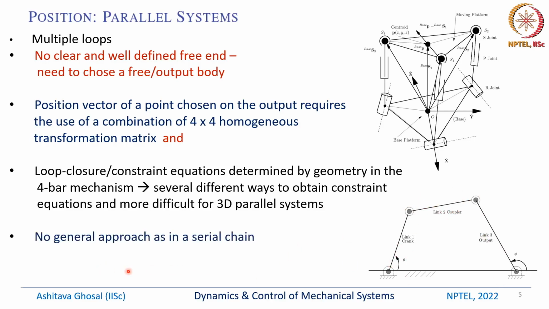So there are no general approaches as in a serial chain to choose which is the input and which is the output, and also which is the fixed and which is the free end, and how we go from the fixed to the free end. There are no general approaches in the case of parallel systems. So we need to choose which is my output link, and then we do the analysis.